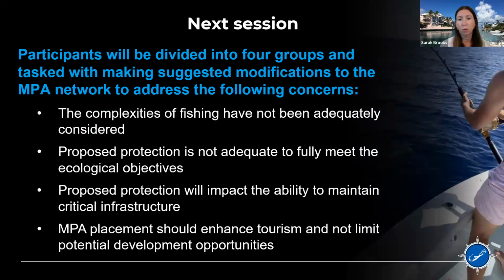So the first group will look at how to address concerns that the complexities of fishing have not been adequately considered. So many of Bermuda's fishermen utilize different areas of the platform in different ways.